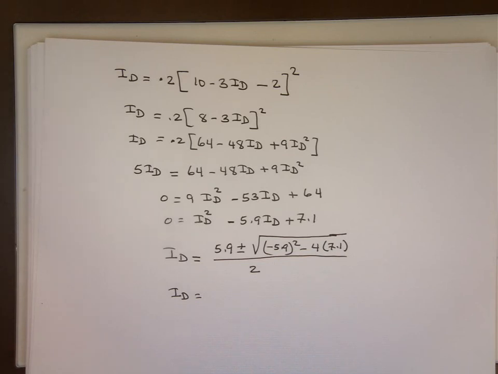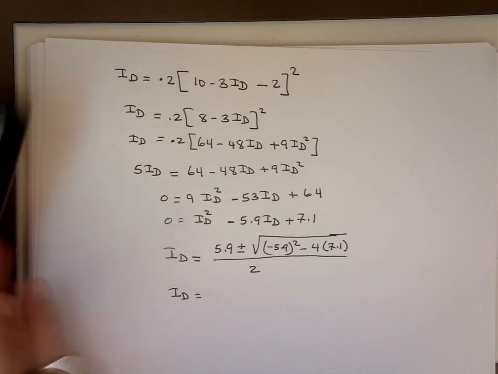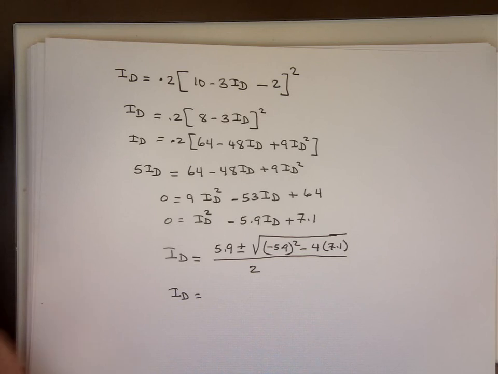Small table I'm sitting on, so there's not much space to put things. 5.9 squared minus 4 times 7.1, 6.41, take the square root of that number.